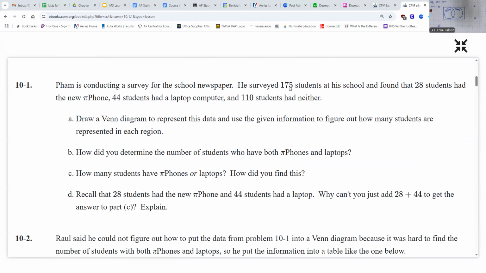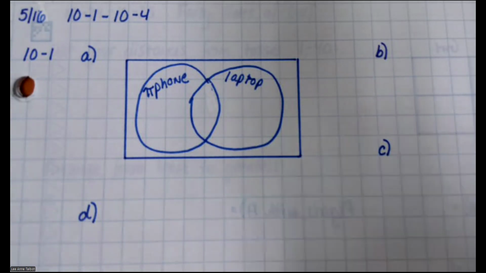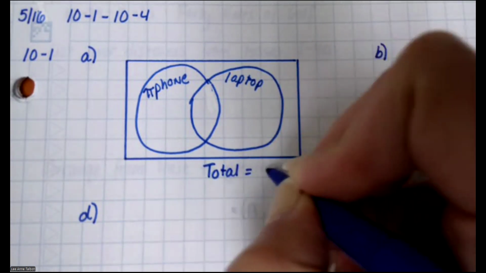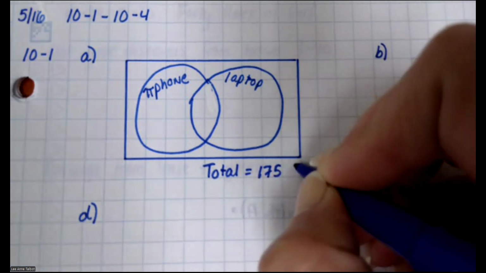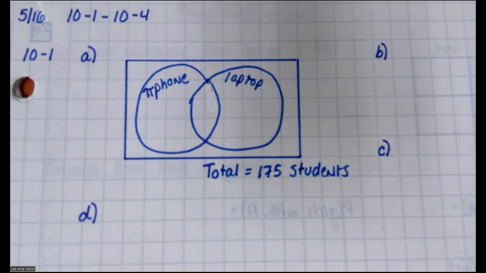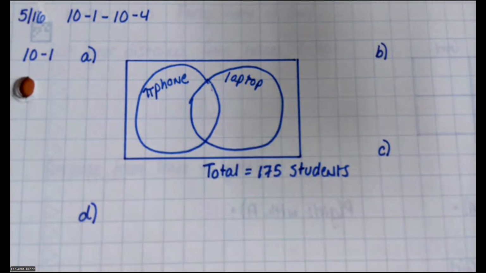Okay, so I'm going to start with the 175. I like to start with the total every time. And when you have a Venn diagram, you want to put the total right underneath the outside. So I'm going to say total equals 175 students. This helps me realize that all four of these regions should add up to be 175.